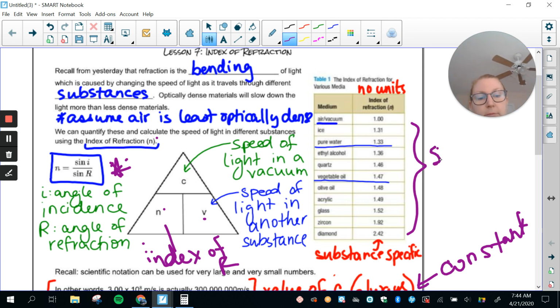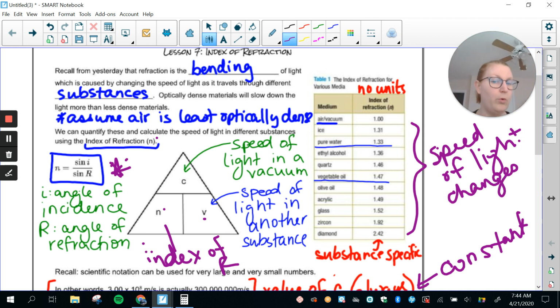So I'm going to add in here: speed of light changes. And we saw that yesterday. We did the example yesterday of water or glass, and we saw that as the light ray moves from air into those different things, it changes the speed.